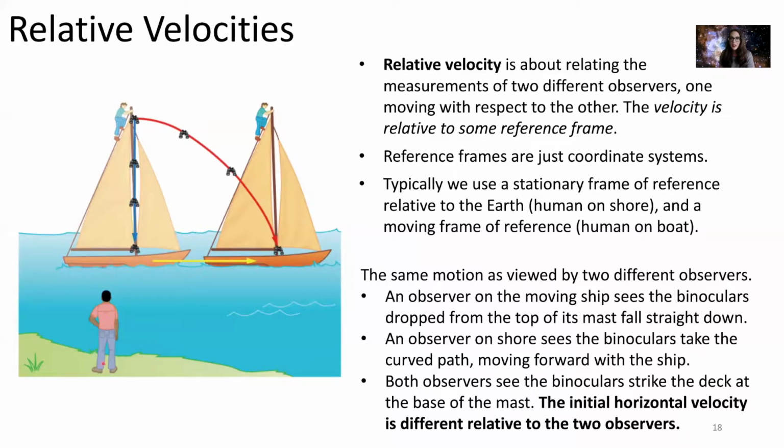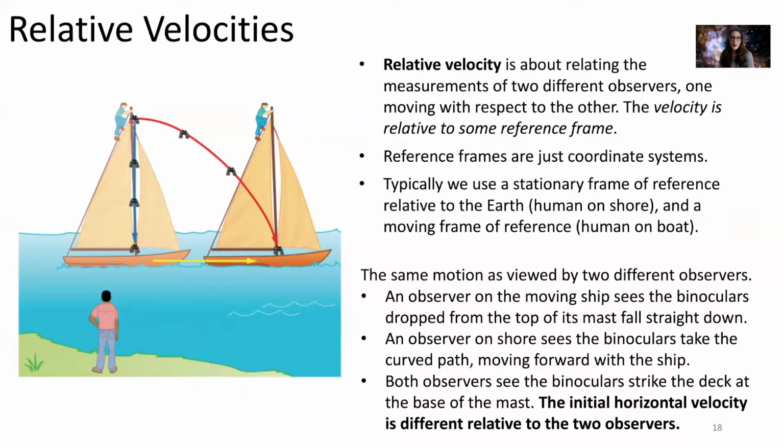And the observer here sees the binocular take a curved path because that boat was moving too. So when you are up here and you're about to drop that pair of binoculars, you have some forward velocity because you're on the boat.